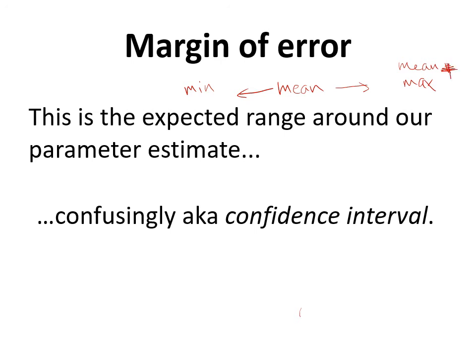And then the mean minus the margin gives us the lower bound on that expected range. Sometimes this is also called a confidence interval, which is super confusing because there are also confidence levels, but don't worry about that right now.